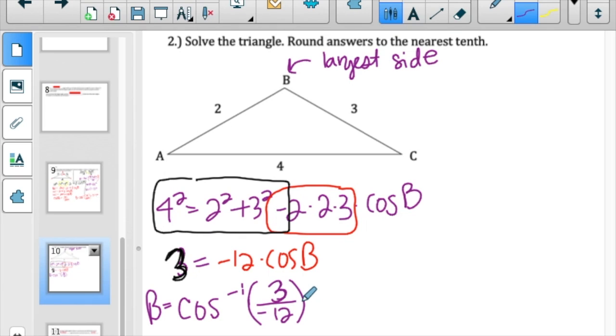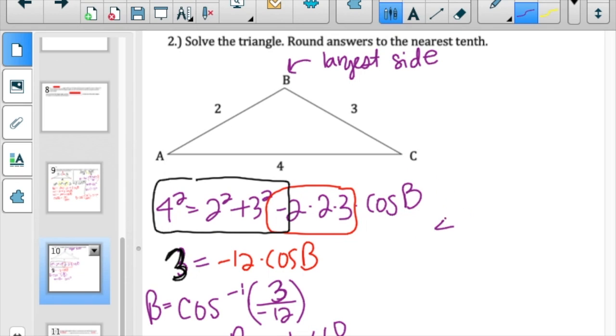Again, this is an obtuse angle, 104.47. So that would stay at 104 degrees. Measure of angle B is going to stay at 104 degrees. Now, again, we could find angle A next.